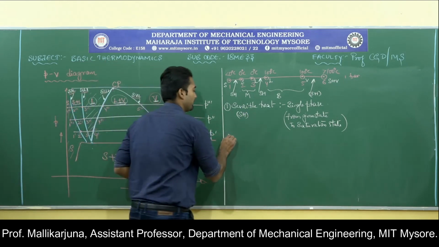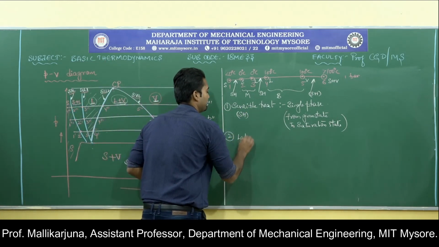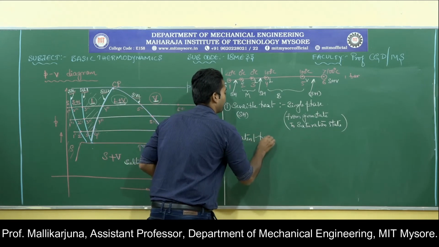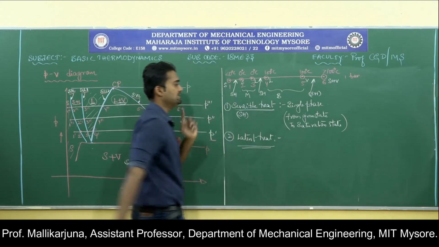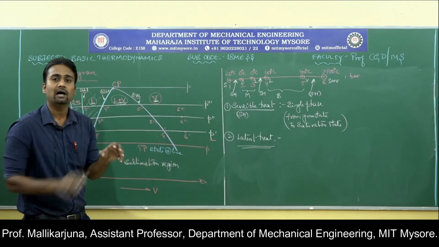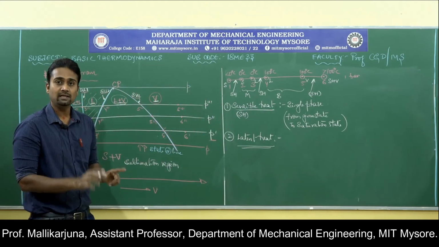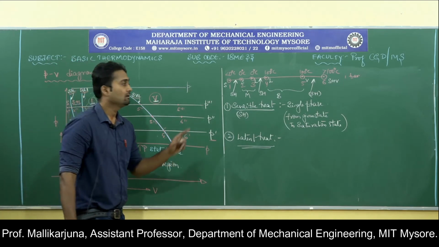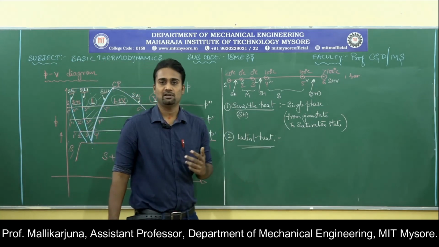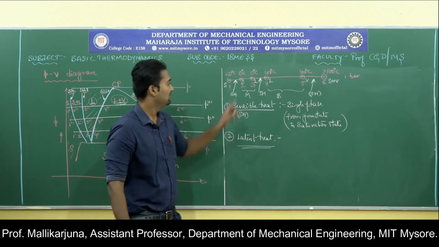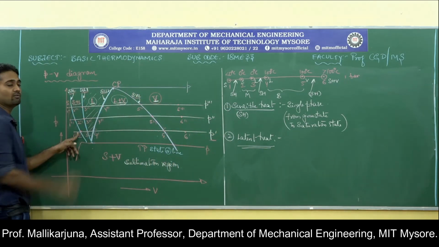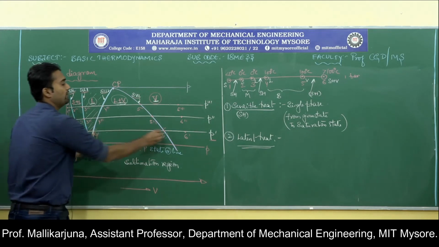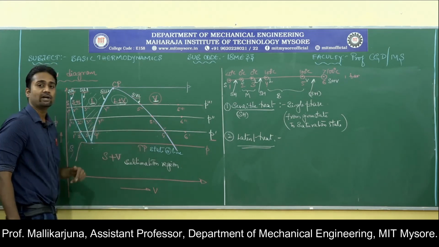Second thing is latent heat. This latent heat is nothing but the amount of heat absorbed by the substance in order to change its phase. If you look at the change of phase, from 2 to 3, solid is getting converted into liquid. From 4 to 5, the liquid is getting converted into vapor.